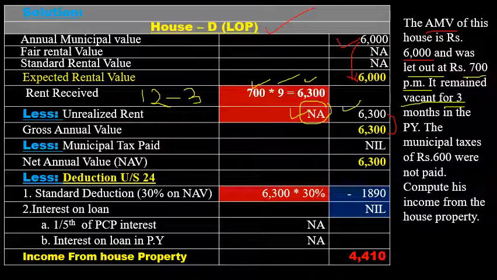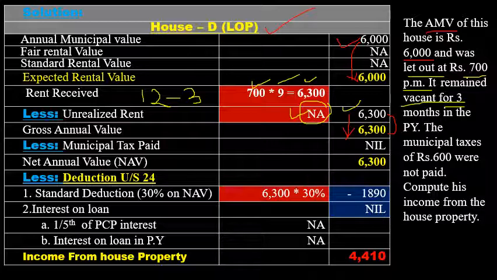Here the house was vacant for 3 months. Therefore rent received 6300 itself is the gross annual value because of the vacancy period. So whenever unrealized rent and vacancy period are given, gross annual value is equal to rent received, the second clause of gross annual value.